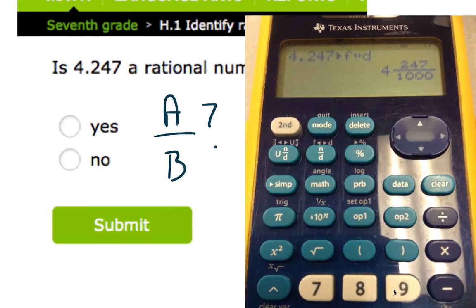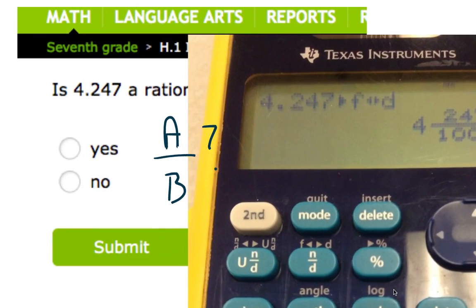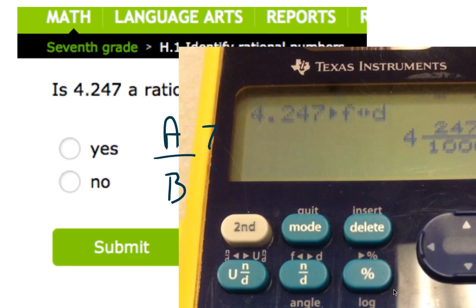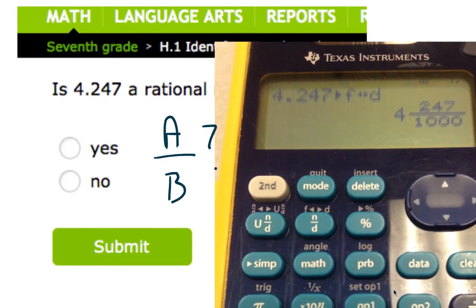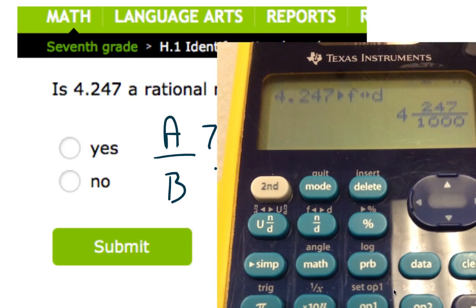So I used a calculator and I changed 4 and 247 thousandths from a decimal to a fraction. If I can get it even in a mixed number, then it is a rational number. So 4 and 247 over 1,000 is in the form a over b.